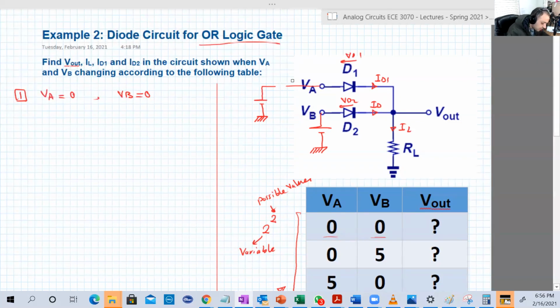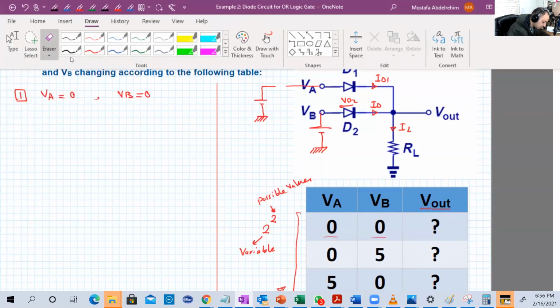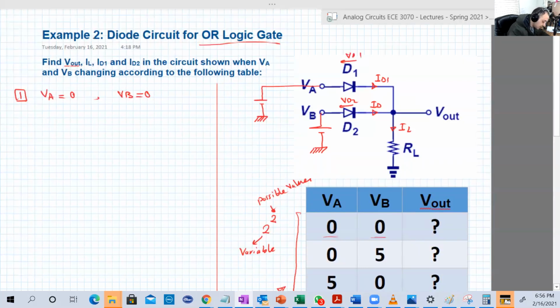Another way is to consider you have a kind of switch like this, and also a switch here. What happens if we close the switch?